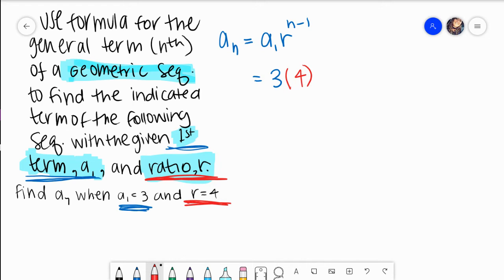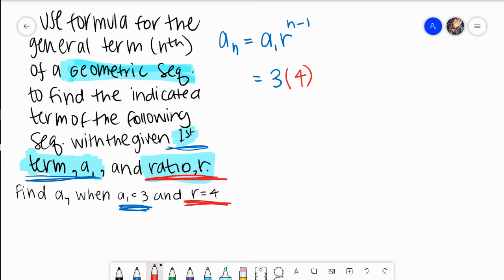And then I noticed that my 4 is being raised to a power of n minus 1. Now, this is where you need to look at the formula. You're not just looking at the n minus 1 and thinking, well, I wasn't given an n. How do I subtract 1 from a number I don't know?